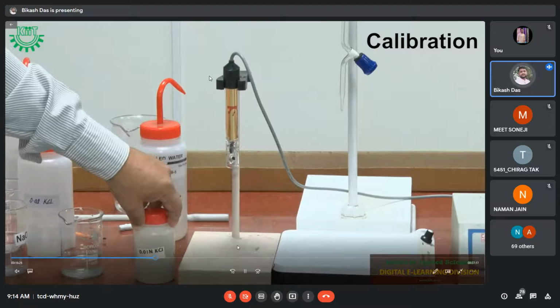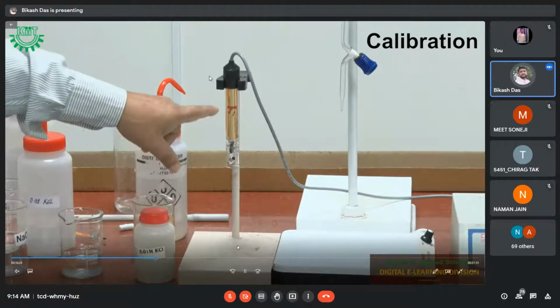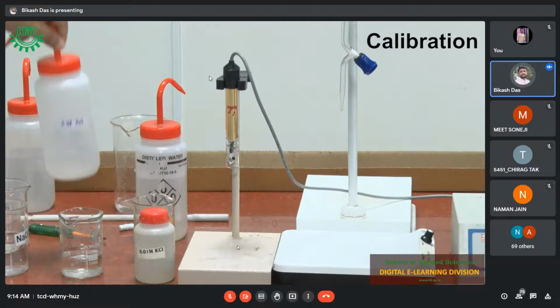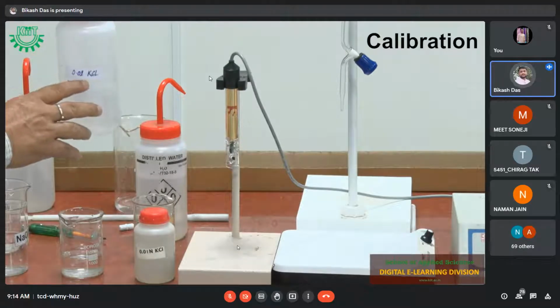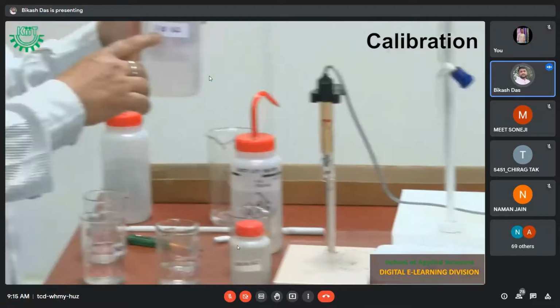If it is showing 1.41, you can say the instrument is okay. But if it is not showing 1.41, you have to set it or adjust it manually.